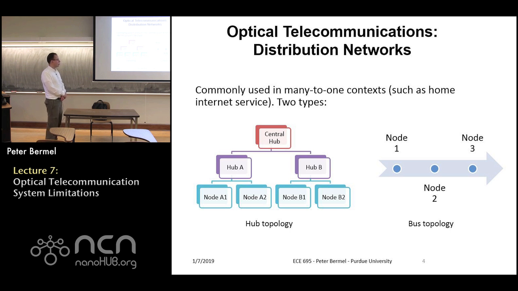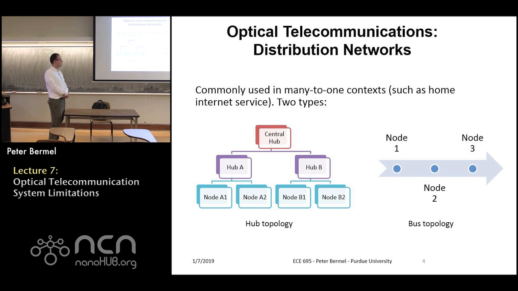Another approach, shown on the right, is the so-called bus topology. The idea there is you have a single bus, which is your main carrier of information, and people can take their data and hop on or off the bus, if you will, using individual nodes that are connected to the network.